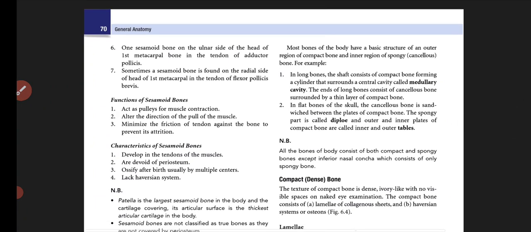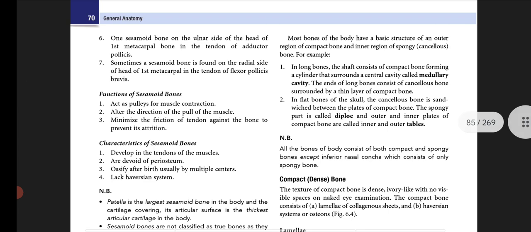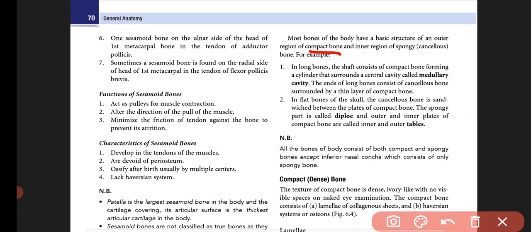Most bones of the body have a basic structure: the outer region of the bone is compact bone, and the inner region is the spongy or cancellous bone.